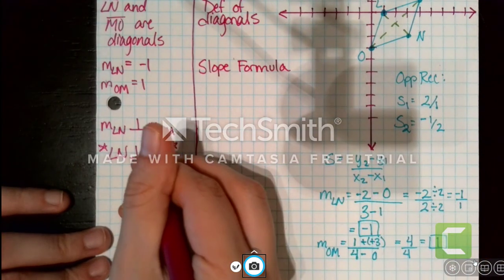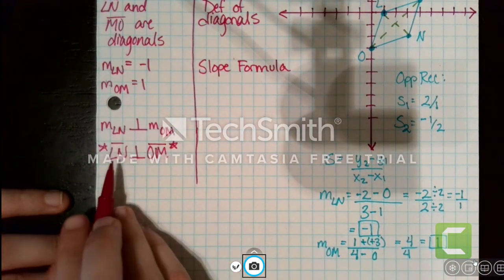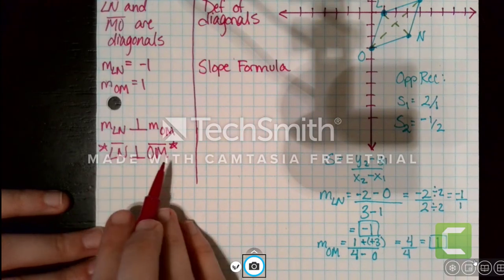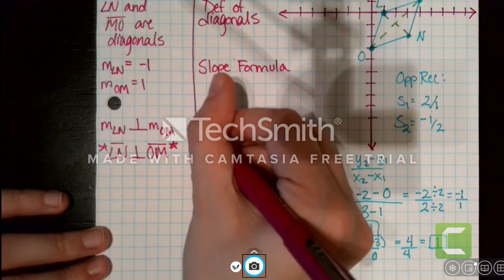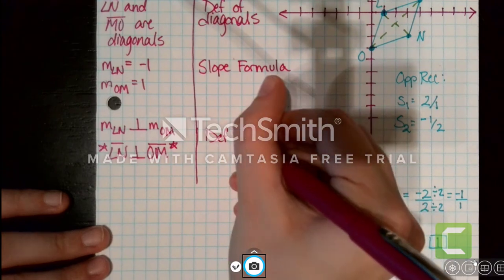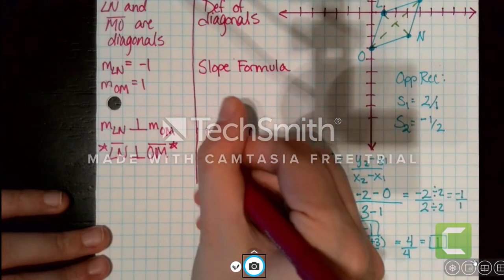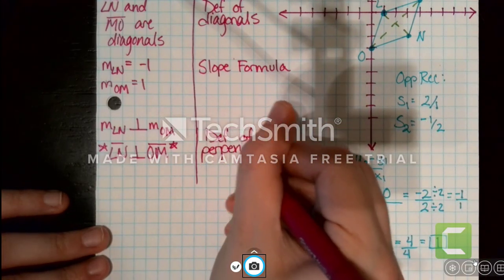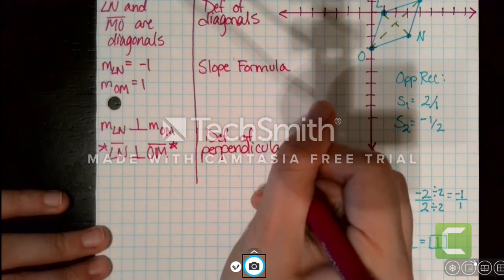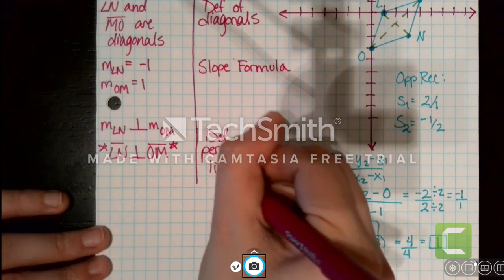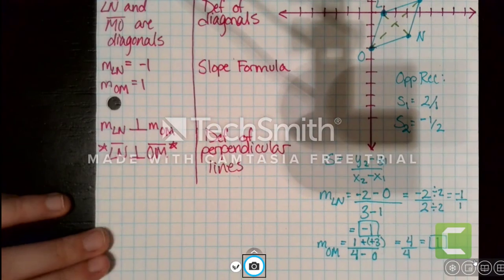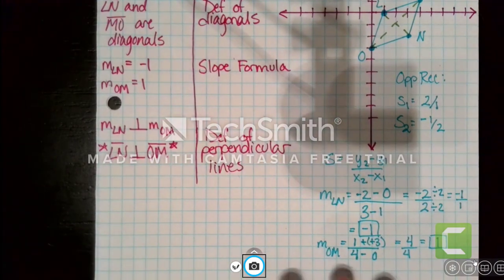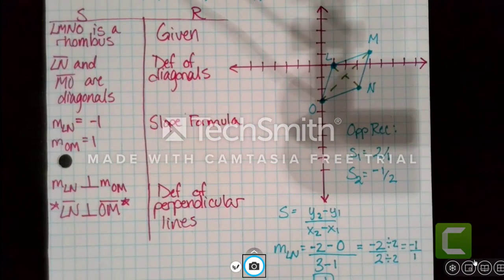So this final statement can be claimed by the definition of perpendicular lines. That would be how you end this statement to prove that the diagonals in a rhombus are perpendicular.